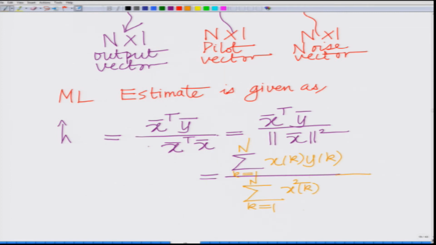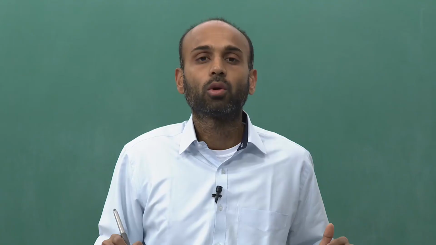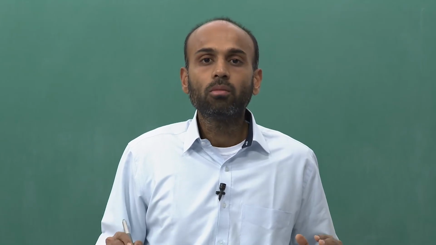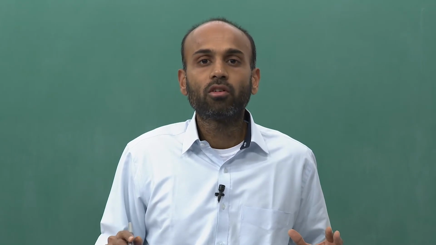The norm x bar square, the norm of the vector square, is basically summation k equal to 1 to n x k square.